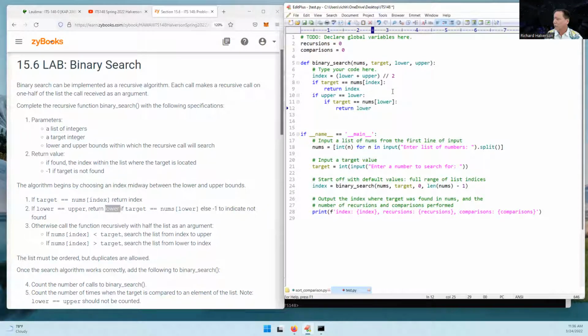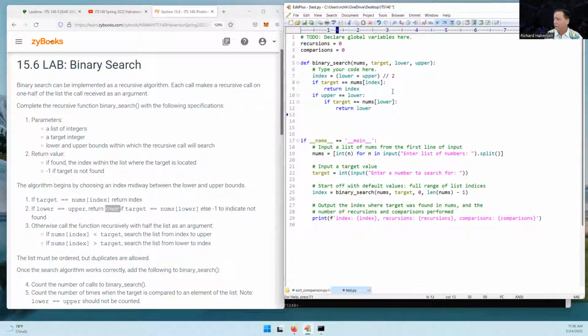Okay, so we're done now. If it makes it to here, if this is false, then we come here, and otherwise return -1.